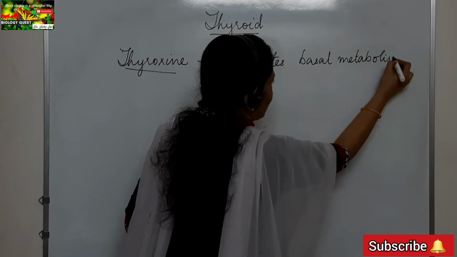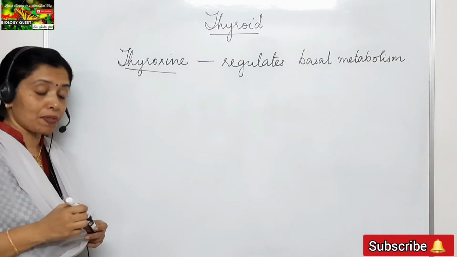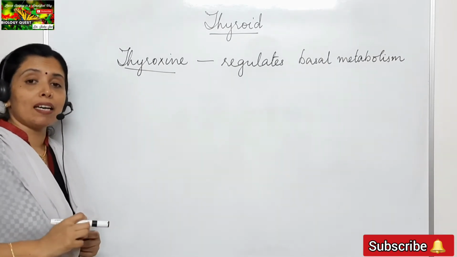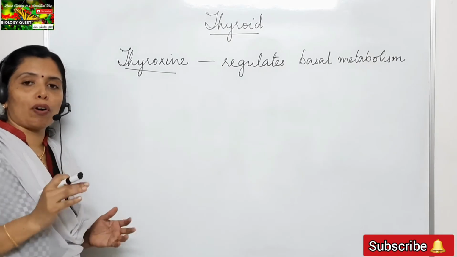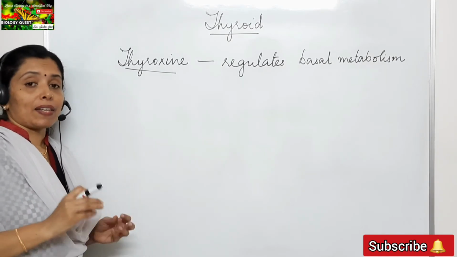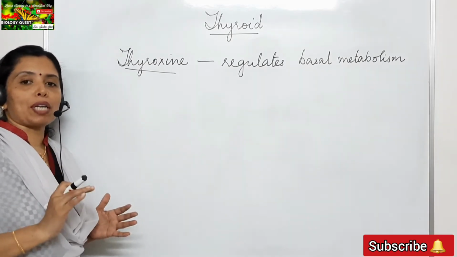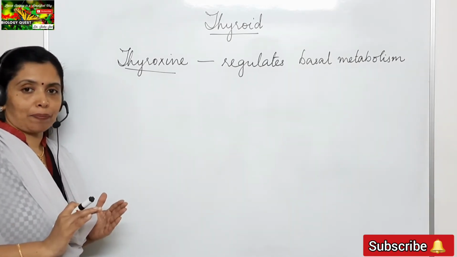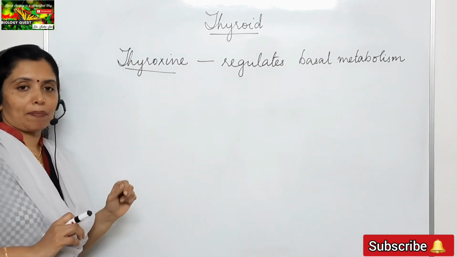Now what is basal metabolism? Basal metabolism is the rate of cellular oxidation resulting in the production of heat when the body is at rest. This is called basal metabolism.